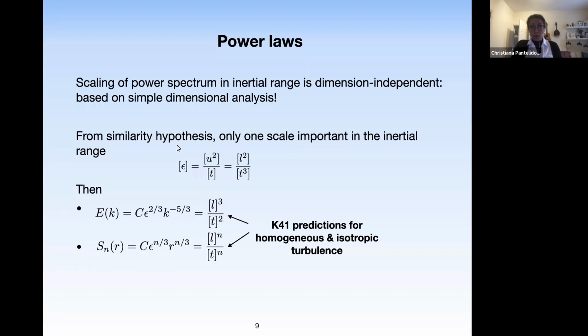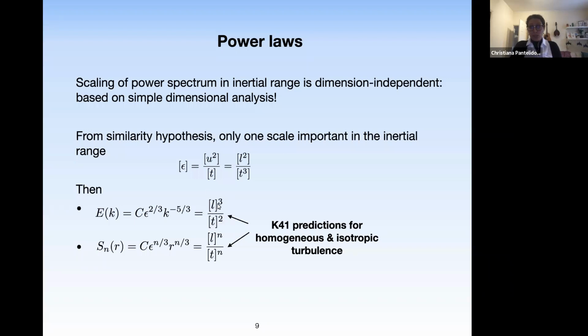So from the similarity hypothesis, we said that in the inertial range, the only parameter we can play with is this energy transfer rate epsilon, which by definition has dimensions of length squared over time cubed. Okay, so if we now turn our attention to the kinetic energy power spectrum, E of k, this has dimensions length cubed over time squared.